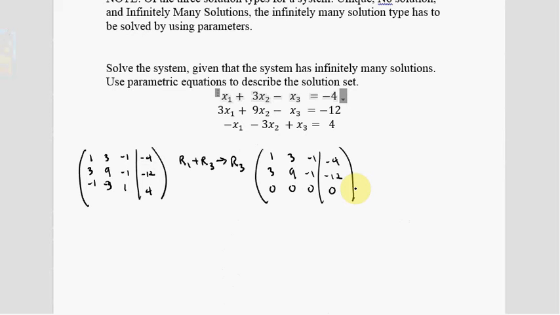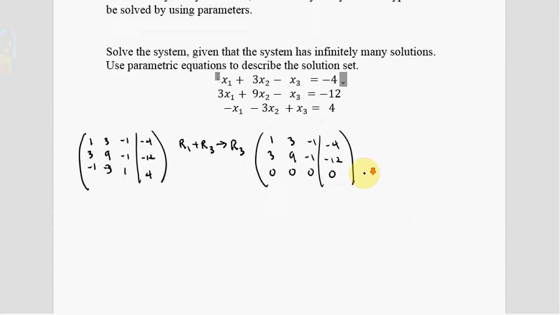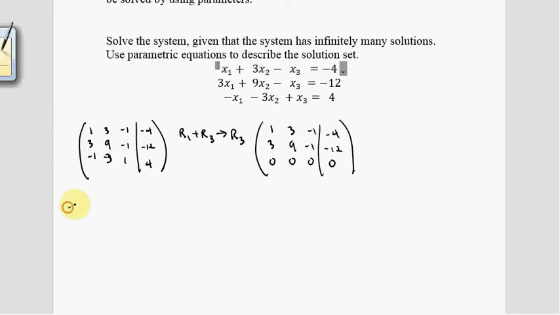So I'm going to use this one to get rid of this 3 right below it. So I'm just going to multiply negative 3 times row 1 plus row 2. Again, I'm going to go through all these steps in section 1.2. So negative 3 times row 1 plus row 2 gives us a new row 2.